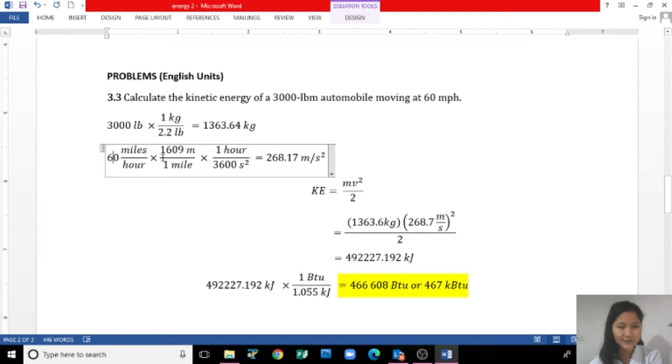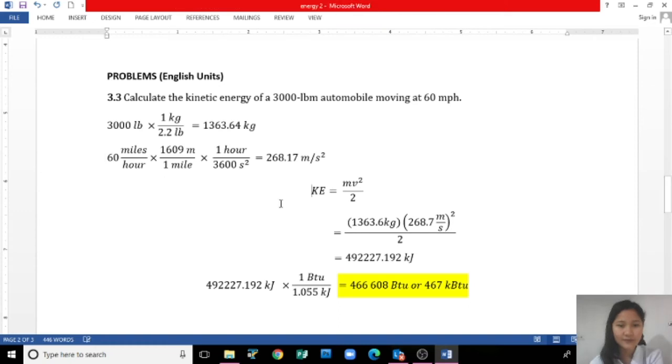So the mile will be cancelled, and the hour as well. The remaining unit would be meters per second. Performing the operation, the velocity is now equal to 26.8 meters per second.